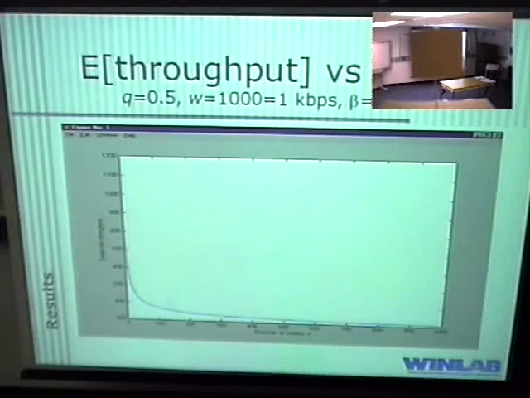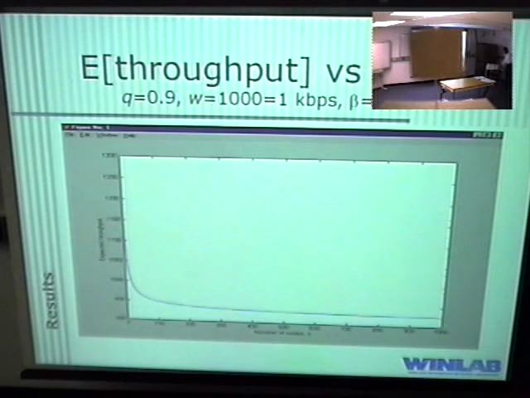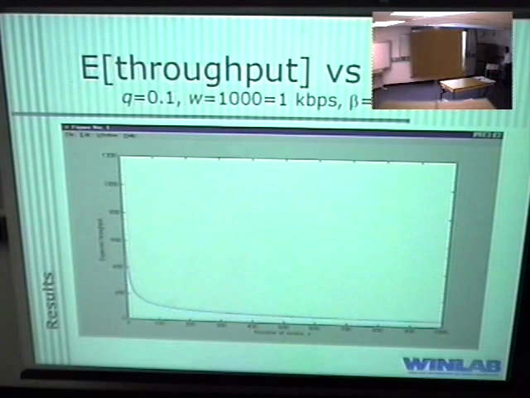This is a 50% fraction of nodes at access points. Was there a difference in the plots? Can you go back one? I'm sorry, but what's the difference in the two? The scale over here starts from 0 on the y-axis, and over here it starts from 300.